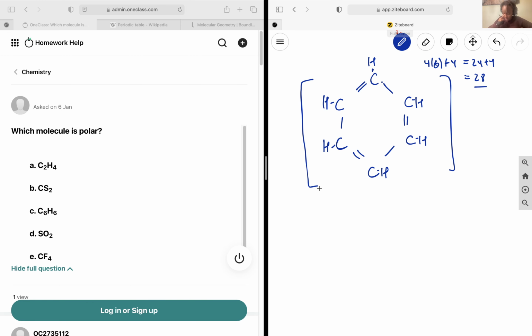And then let's find out the molecular geometry. It's benzene, so it's just going to be a planar ring. And if you actually draw all of the dipoles, they should all cancel.